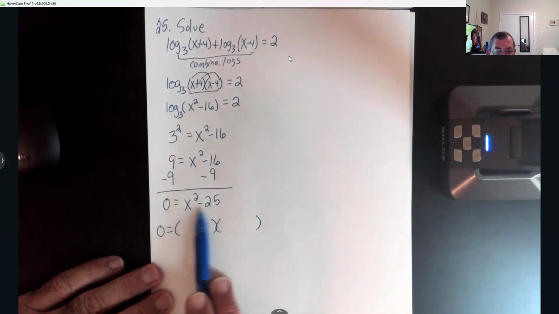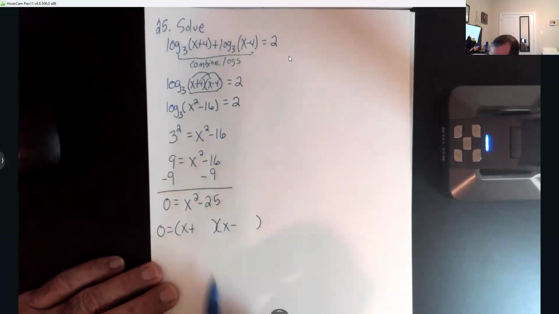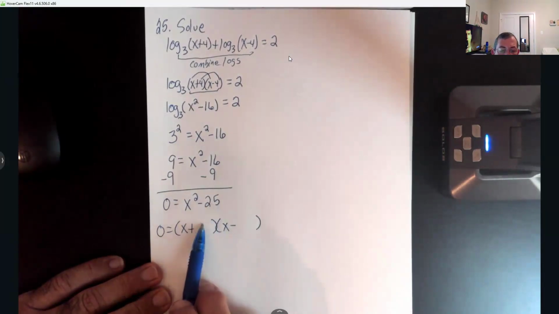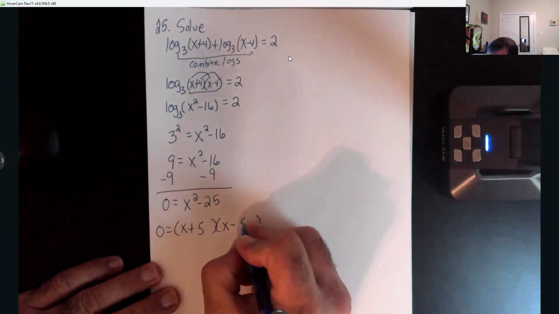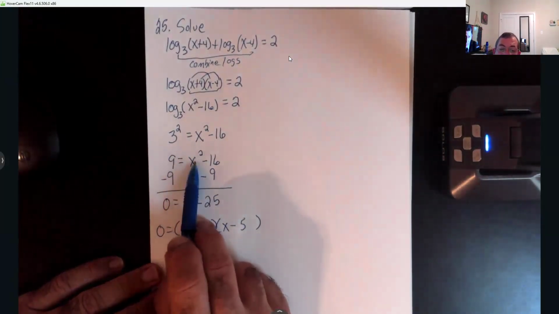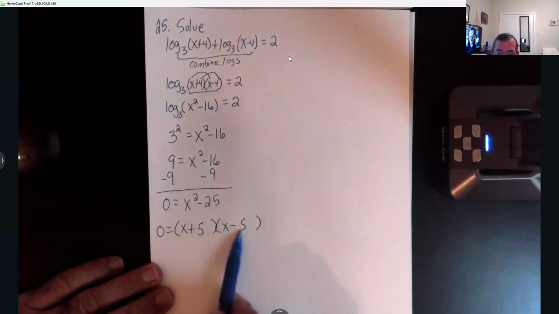This is the difference of perfect squares. It's going to factor into conjugate pairs. X squared is an x and an x. 25 is a 5 and a 5. So guess what? If you'd have pulled the 16 over here and had a 25 equal to x squared, square root of 25 would have gave you these 5s, okay?